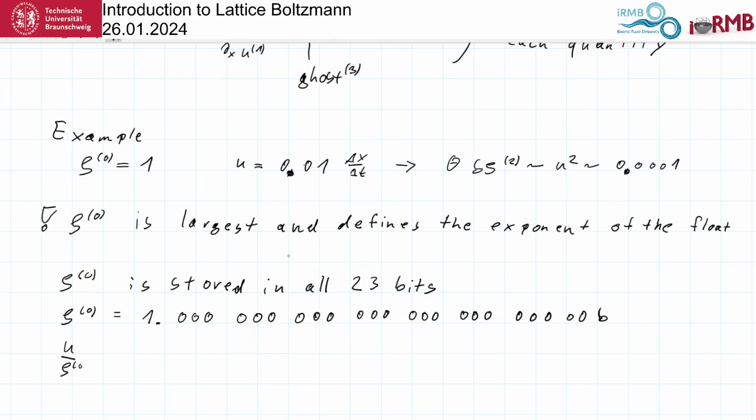So you have to divide u by rho, which is easy because it's 1, right? And this is then 0.01 in decimal numbers, and this becomes 0, 0, 0, 0, 0, 0.